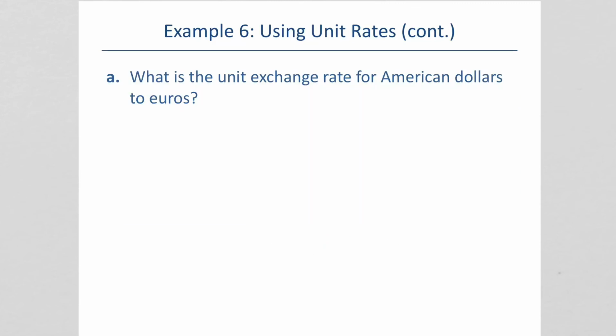Okay, so we could use either of those conversion rates. It says, what is the unit exchange rate for American dollars to euros? So if we want dollars to euros, then American dollars, 1.351 to 1 euro.